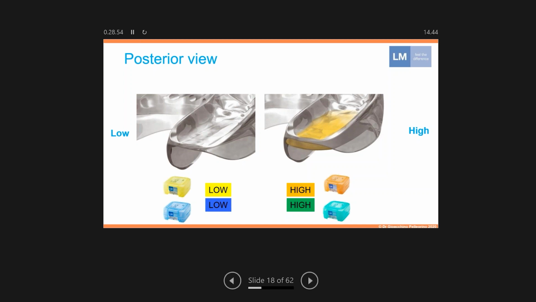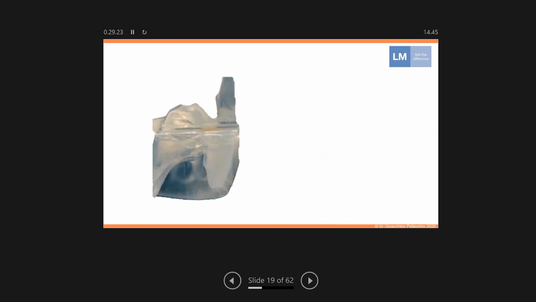And in the same way, when we analyze the high model, we will have the orange that is high short and the green that is high long, so as to control the position of the second molar. And we will see that this concept will be very useful in the clinic, because it is strictly connected with the evolution of the open bite.